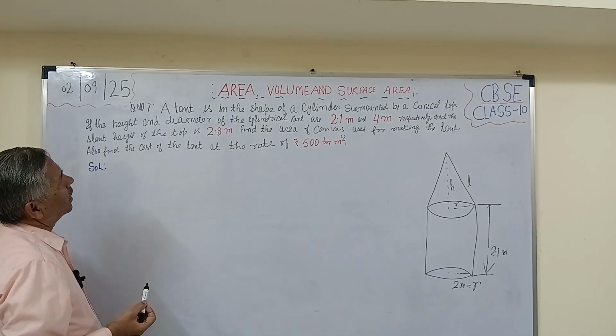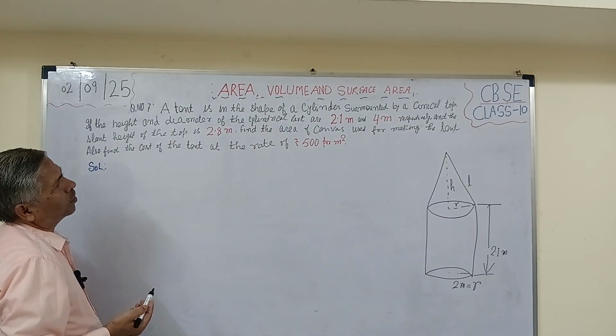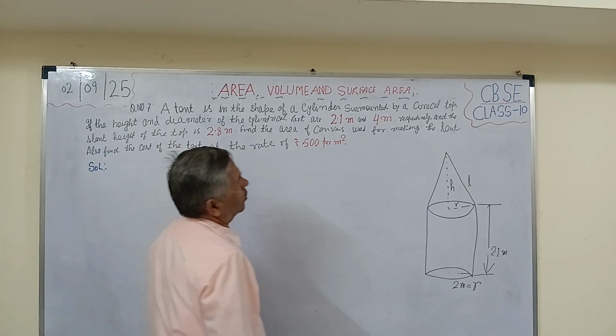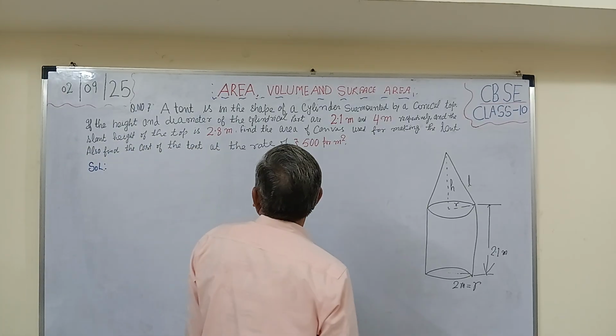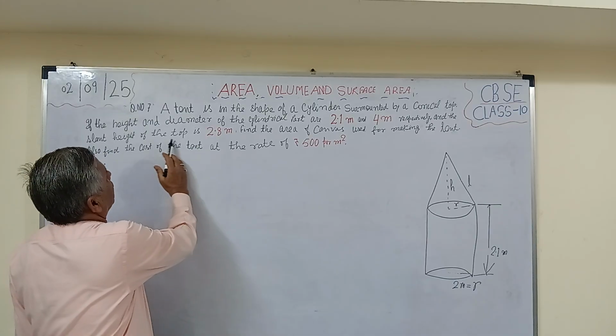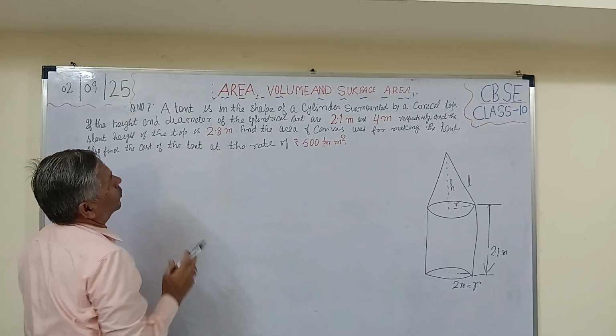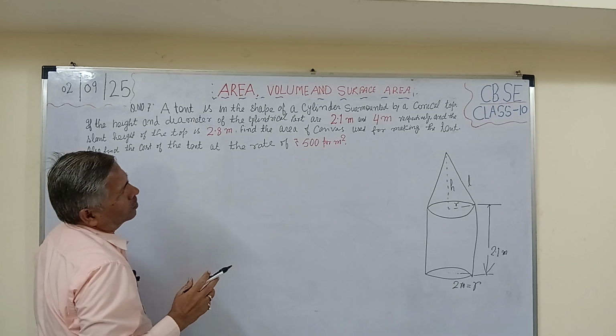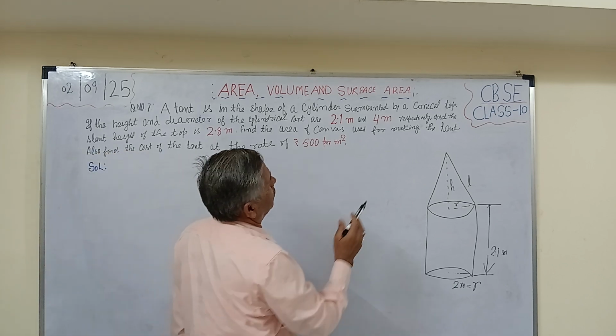If the height and diameter of the cylindrical part are 2.1 meter and 4 meter respectively, and the slant height of the top is 2.8 meter, find the area of canvas used for making the tent.